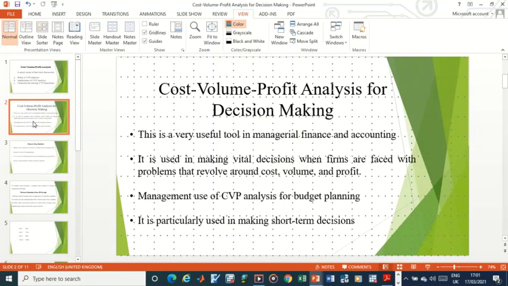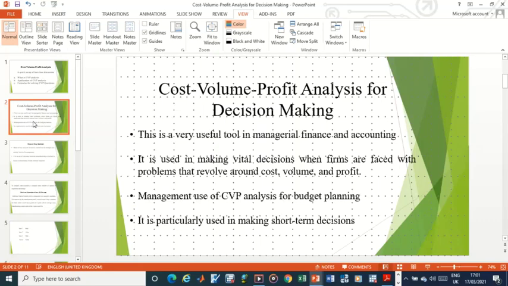And CVP is a very powerful tool in managerial finance and accounting, and it is most widely used in managerial accounting to help managers to make better decisions.